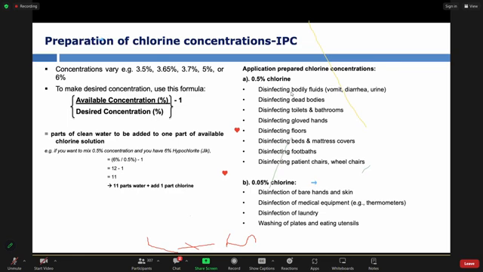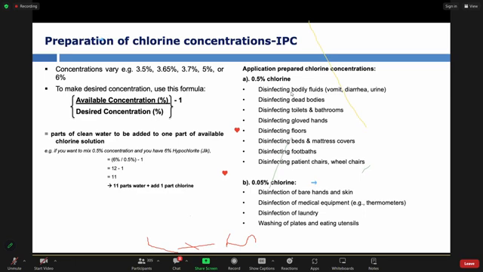We now have bleach of 3.5%, 3.6%, and up to 60% in some sources like sodium dichloroisocyanurate powders. Ensure that you follow through to make the desired concentration as per the formula: percentage of available chlorine divided by desired concentration, minus 1. Do not use 1 in 10 as we used to know previously.